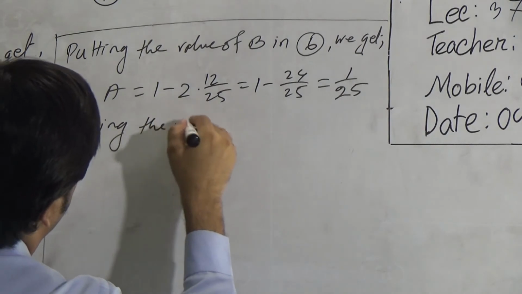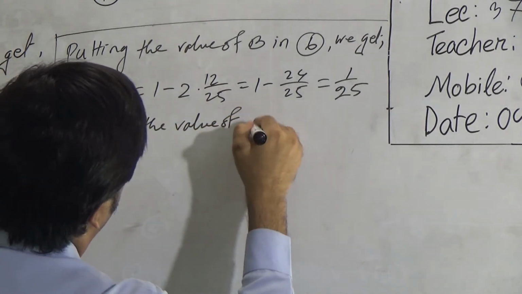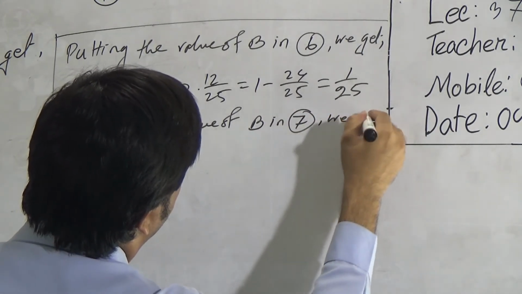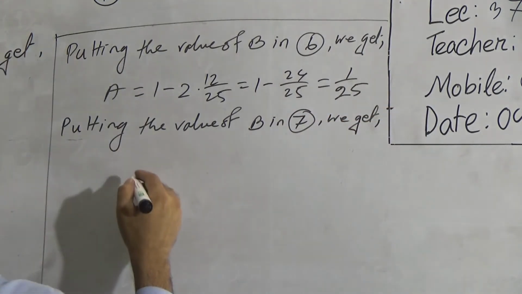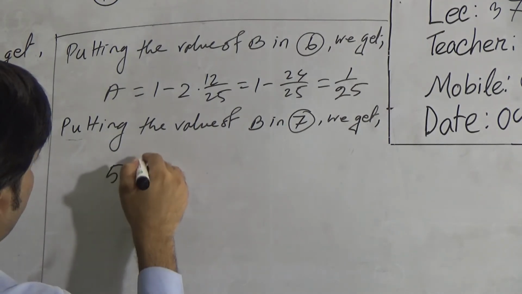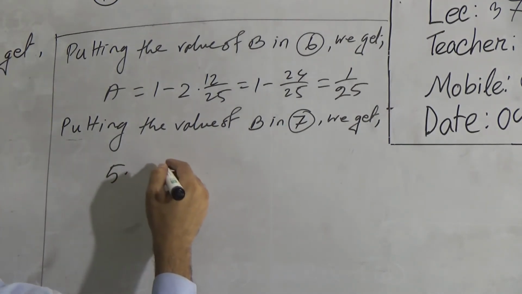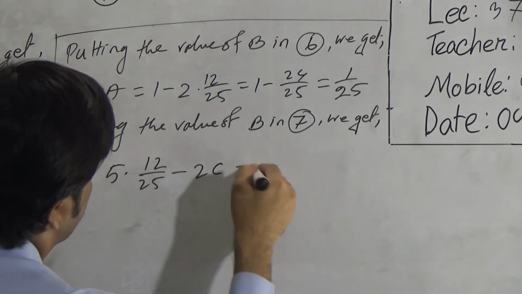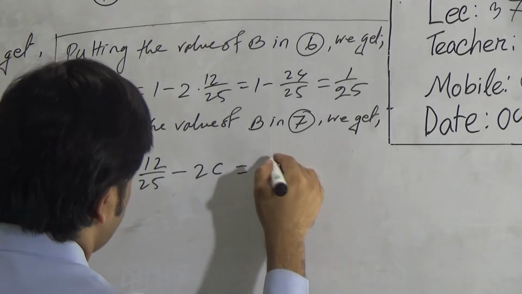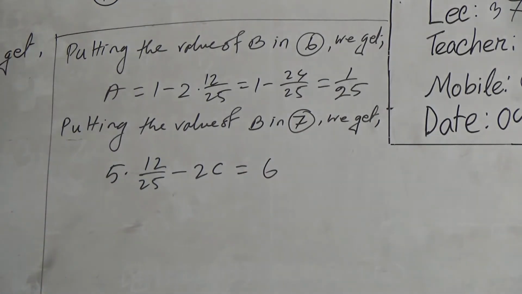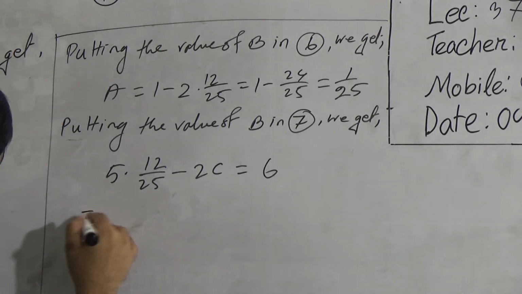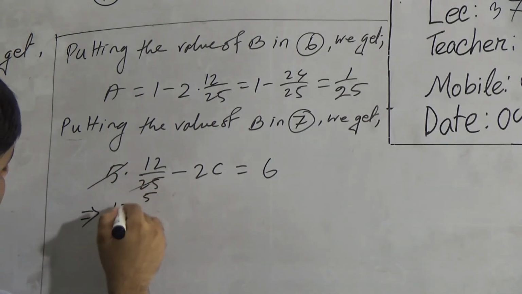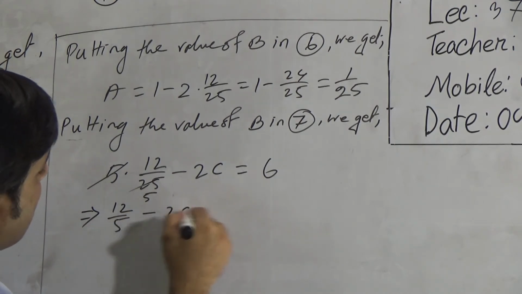Putting the value of b in 7, we get 5 into b, which means 12 by 25, minus 2c, that is equal to 6. We can cut 5 and 5, so we can write 12 by 5 minus 2c equal to 6.